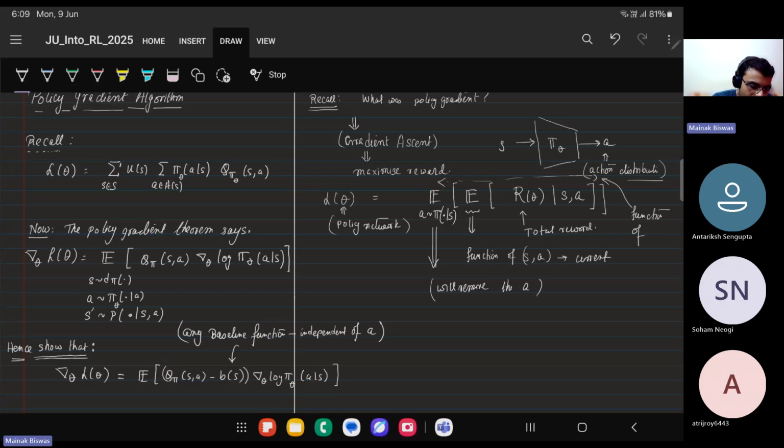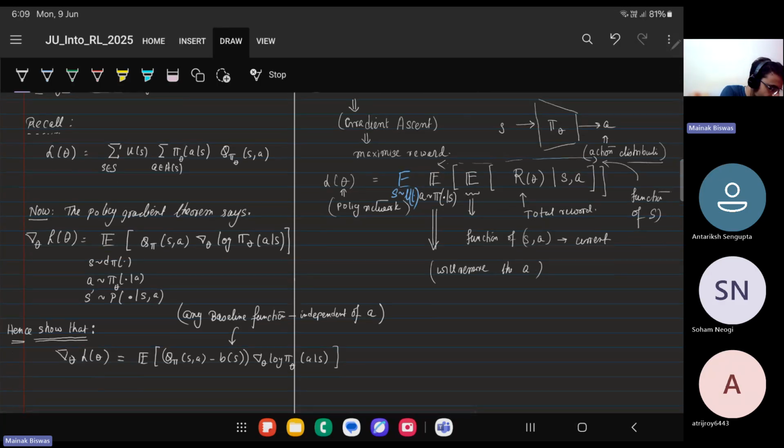Correct. Since we don't want L theta to be a function of any random variable, we will also take an expectation over the state, sampled as an initial state from some distribution mu. So when we expanded this, it was equal to state from the initial sampling distribution, action from the policy distribution, and S dash from the controlled Markov chain.